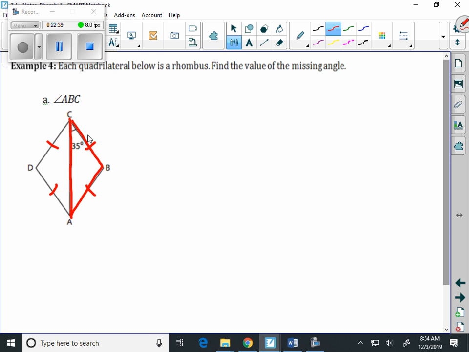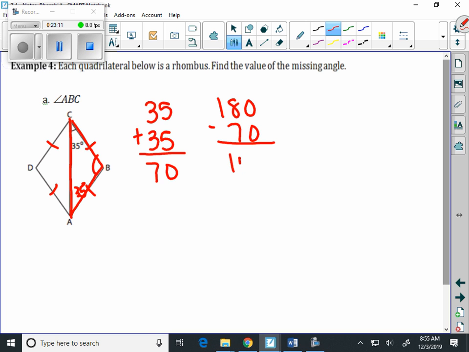We want to figure out what is the measure of angle ABC, but it's an isosceles triangle, which means that angle C here is 35, but angle A is also 35. And if we remember, triangles have 180 degrees in them. So 35 plus 35 is 70. And when we want to figure out how big angle B is, we take 180 minus 70, which is 110. And that's angle ABC.